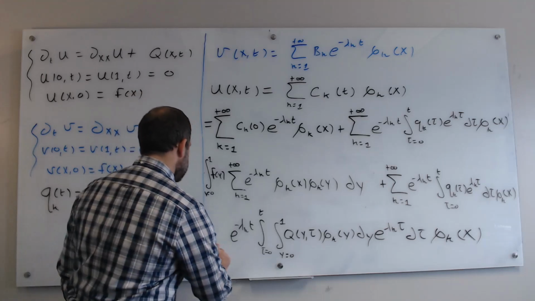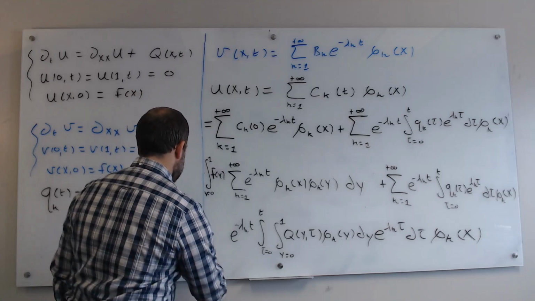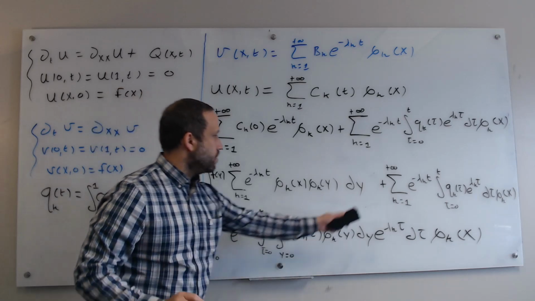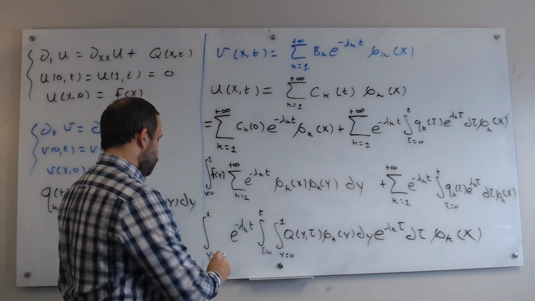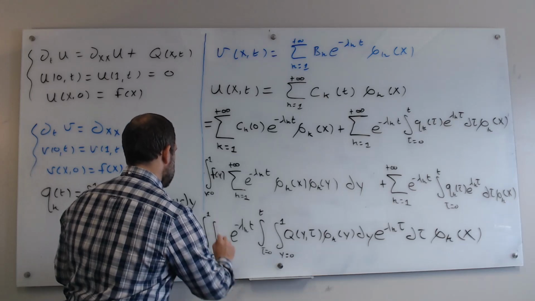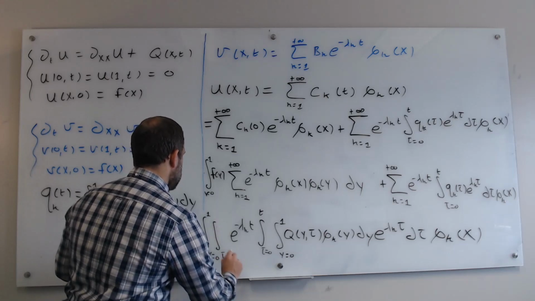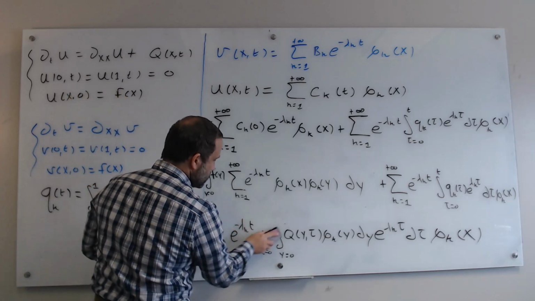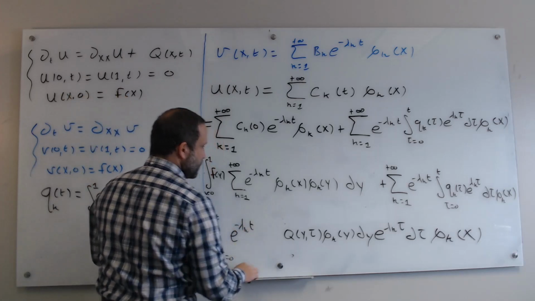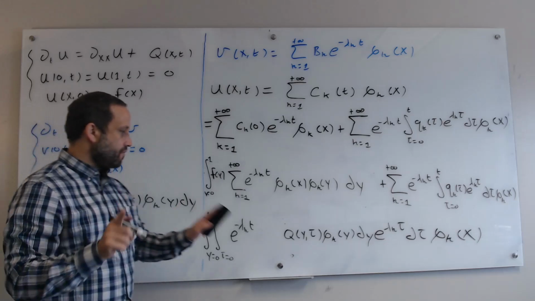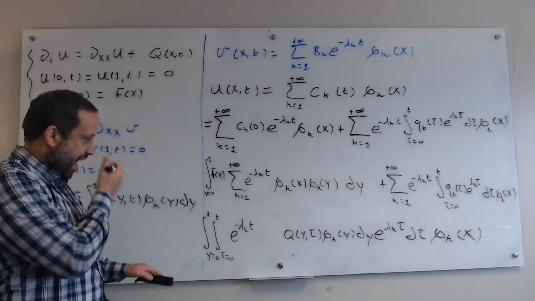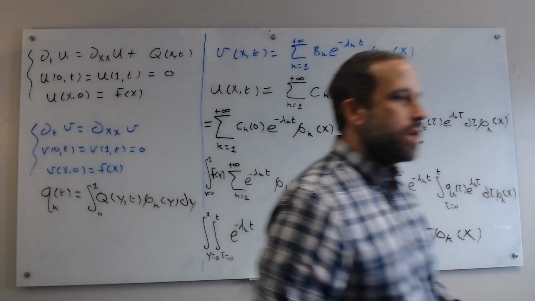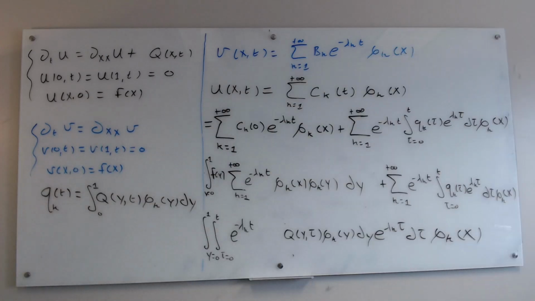So we're going to have y equals 0 to 1. And again, all of this down here is just the second term. So I'm going to have y equals 0 to 1, tau equals 0 to t. So my sum is going to go here. I haven't forgotten the sum yet. I need to put the sum notation back. So e to the minus lambda_k t, lambda_k tau. I can combine this into one exponential.